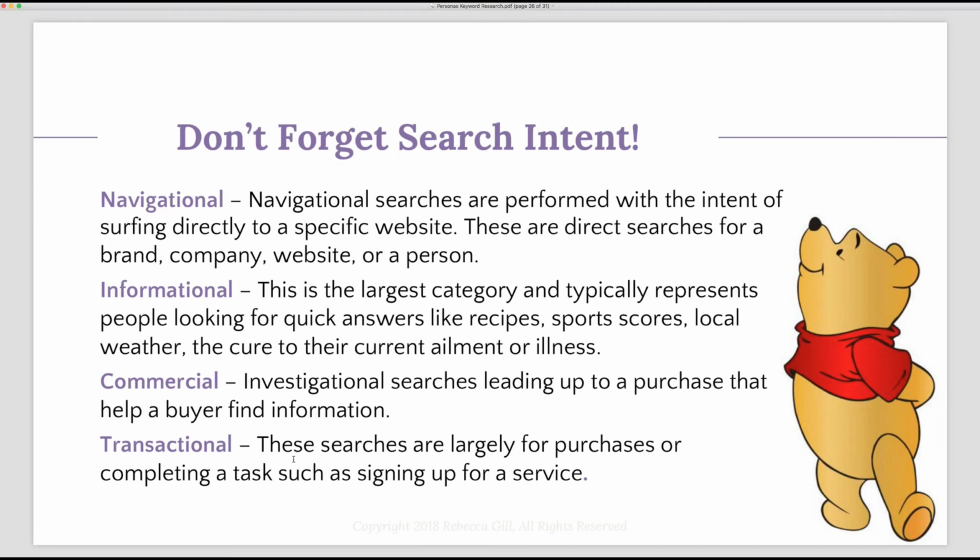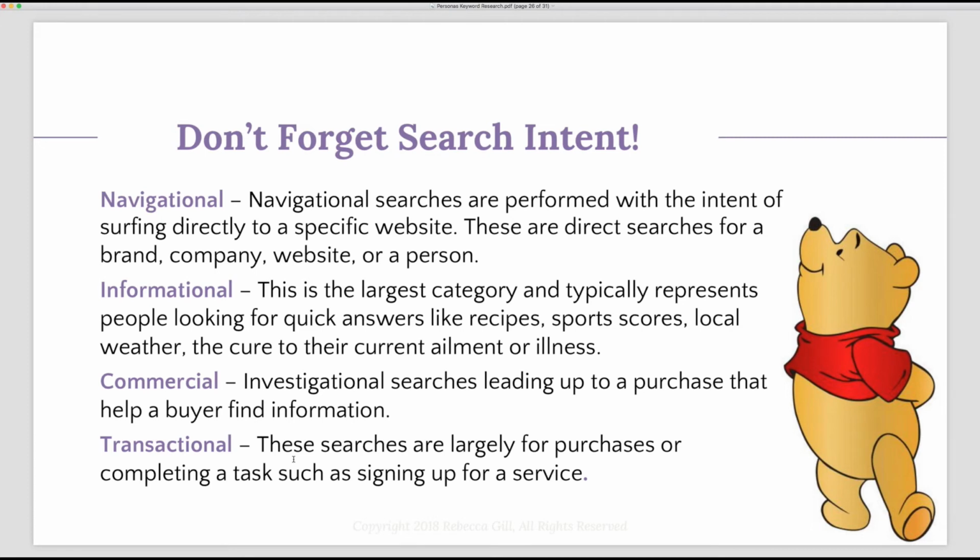And again, we want to cure our own ailments at home and find all those things that can cure what we struggle with. Commercial searches are investigational searches that lead up to a purchase and help someone find information that will allow them to make a transaction, which is the final one, whether it be signing up for a service, subscribing to a newsletter, or actually purchasing something online.